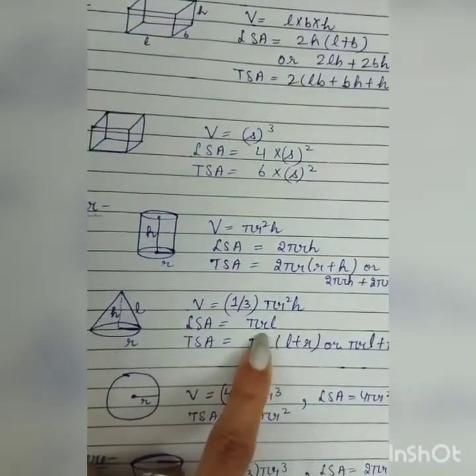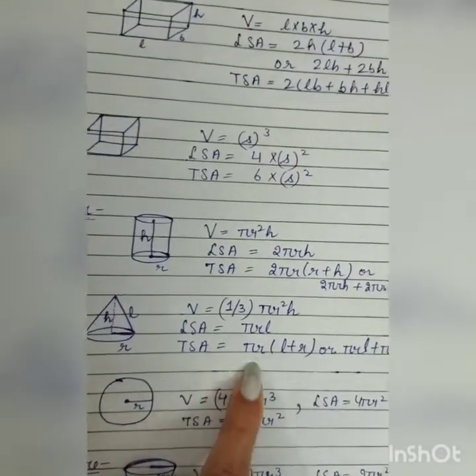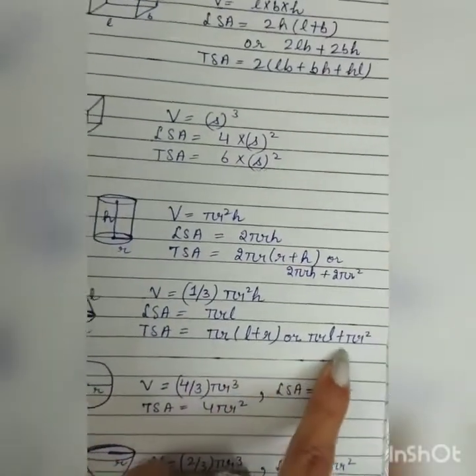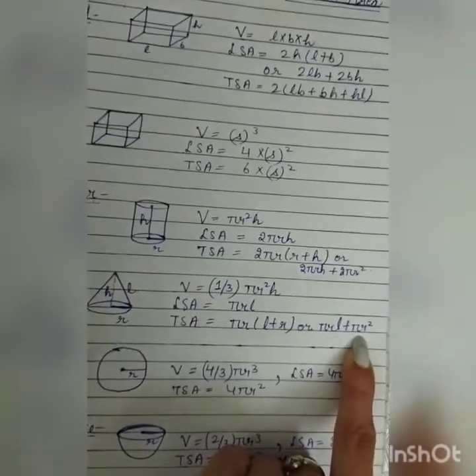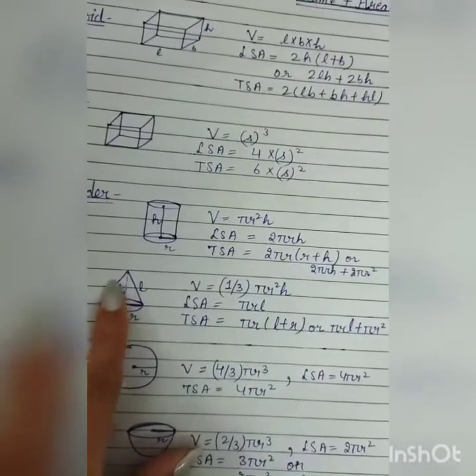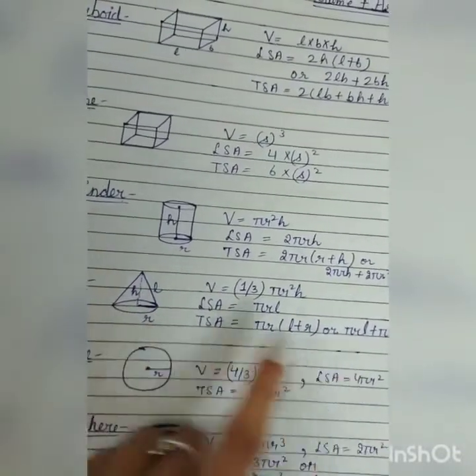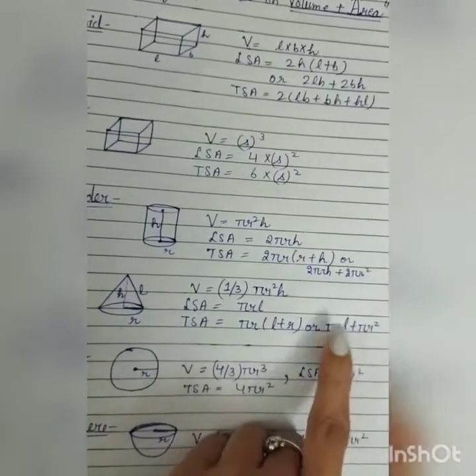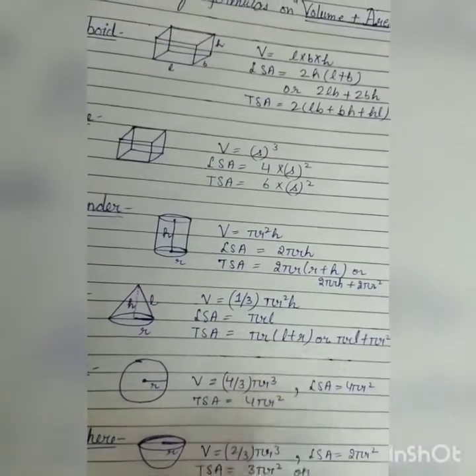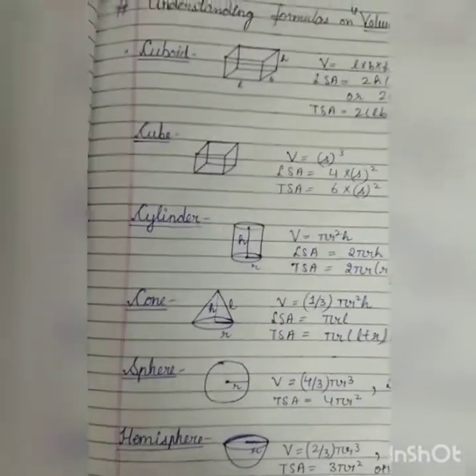Lateral surface area is pi r L, and total surface area is pi r (L plus r) or pi r L plus pi r square. So how do you get this formula? Again, lateral surface area is pi r L, and for the circular part it's pi r square, and combining these you get this formula.